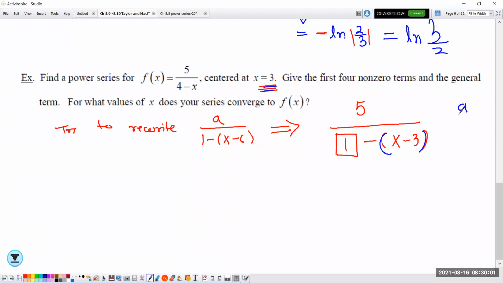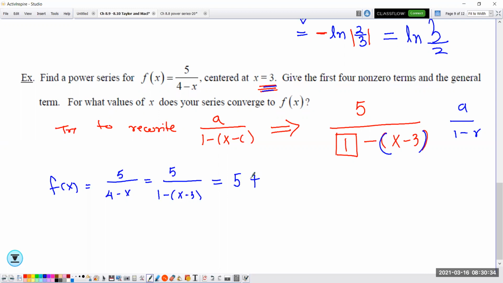A over 1 minus r, right? So let's expand. F of x is 5 over 4 minus x. I'm going to rewrite it as 5 over 1 minus x minus 3, which is the same as, now let's expand. Expanding: the first term is my a, which is 5, and each time you multiply by the common ratio, which is x minus 3.